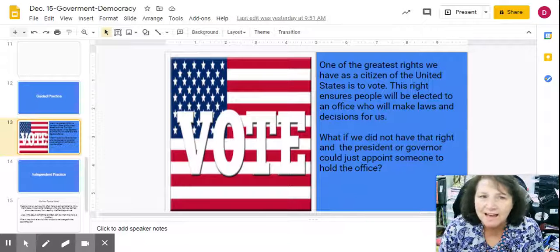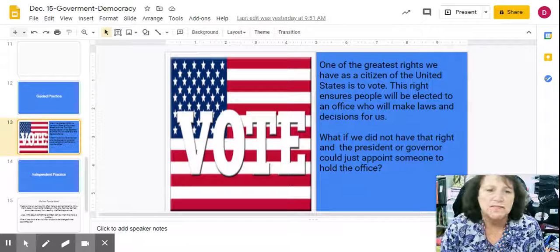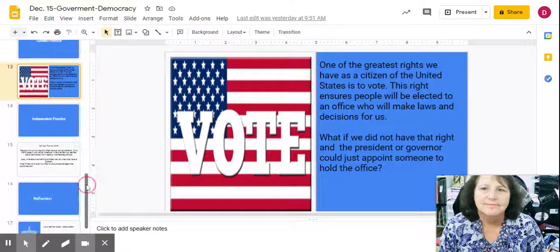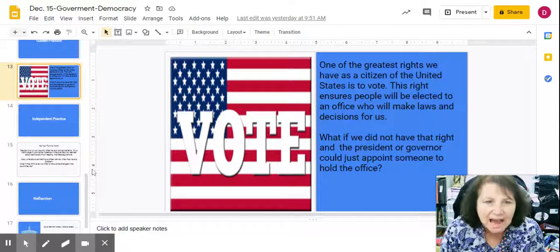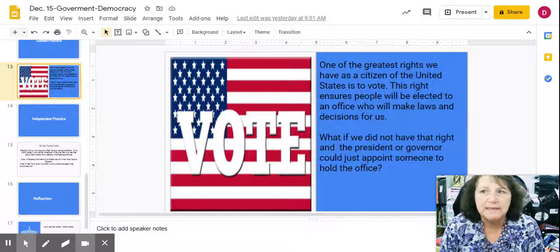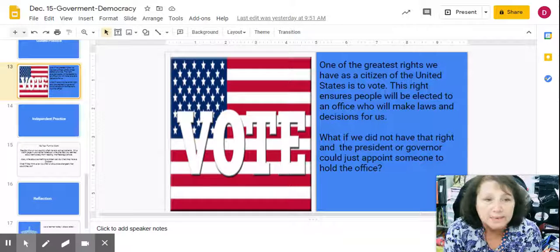What if we did not have that right and the president or the governor of a state that we live in could just appoint someone to hold an office? What if that happened? How do you think our country would be run? We wouldn't be unified as one group of people with one leader representing us.